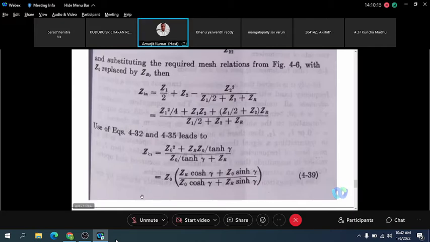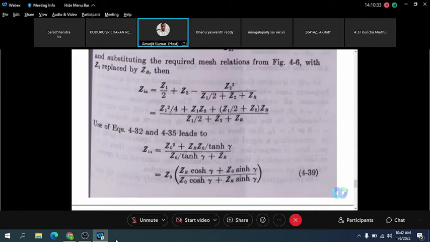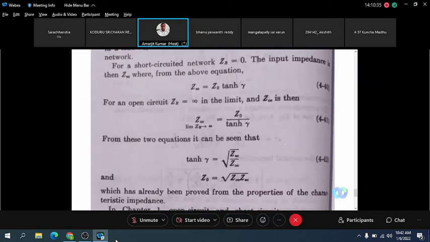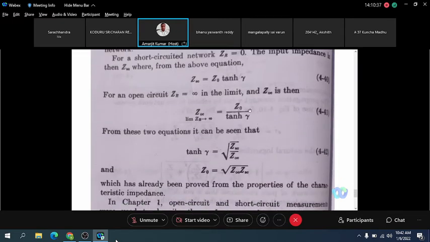Limit and discontinuity you have studied. So now what will be Zin? Z0 by tan hyperbolic gamma. That is correct. So ZOC will be equal to Z0 by tan hyperbolic gamma.